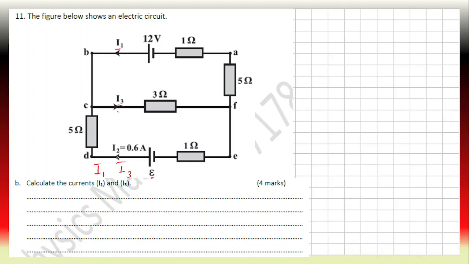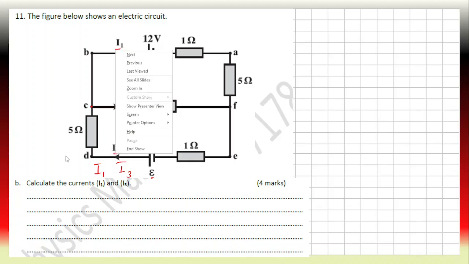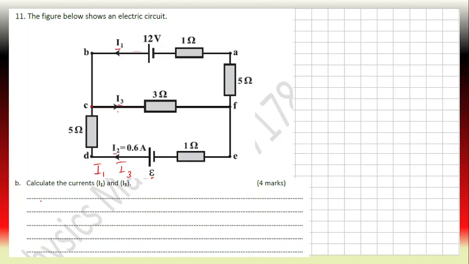Look at these currents, I2. How is I2 moving? I2 is moving this way. I hope you can follow the red mark. When it gets here, what will happen? It will join this. How is I1 moving? I1 is moving. When it gets here, it joins this. So what does it mean? This is the junction. The currents entering this junction are I2 and I1.